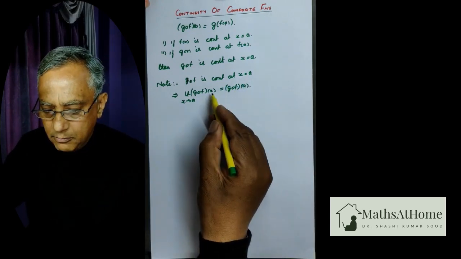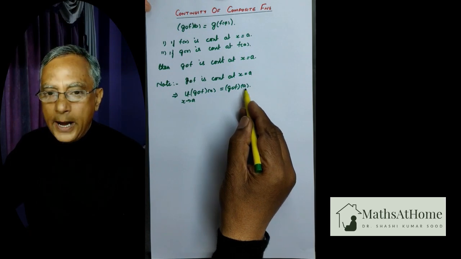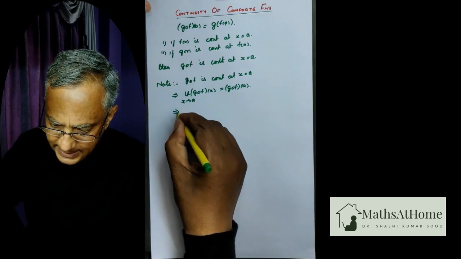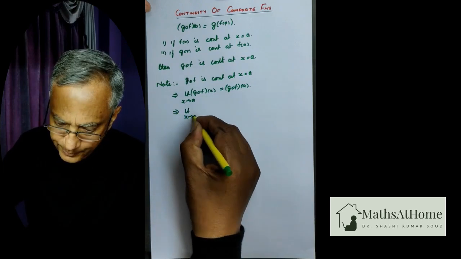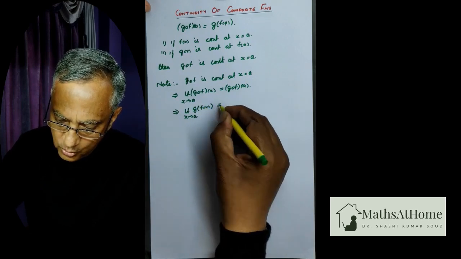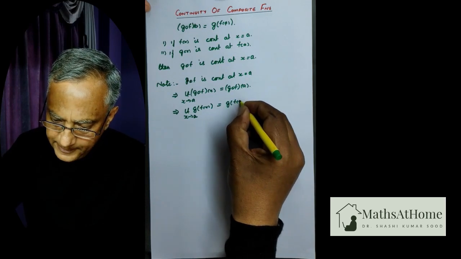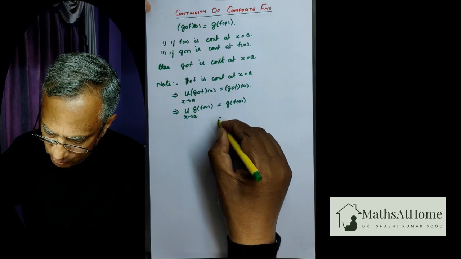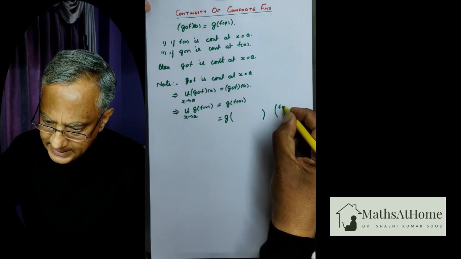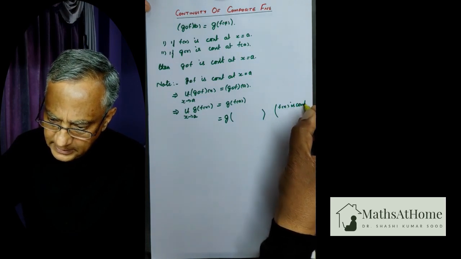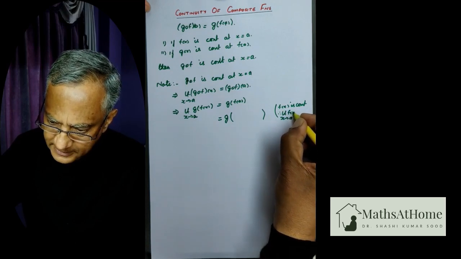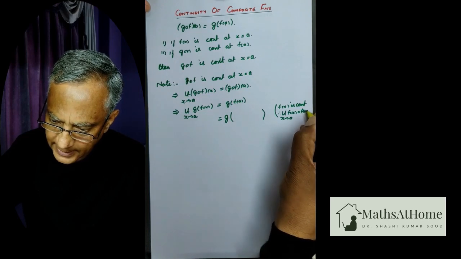Value of the limit must be equal to the value of the function at the point under consideration, that is x equal to a. So this will imply limit x approaches a of g(f(x)) will be equal to g(f(a)), and this is equal to g of, now since f(x) is continuous, therefore limit x approaches a of f(x) must be equal to f(a).